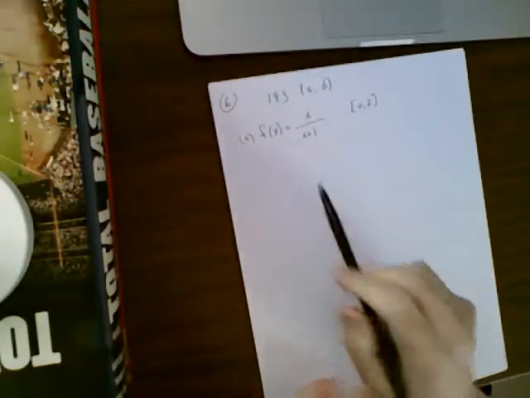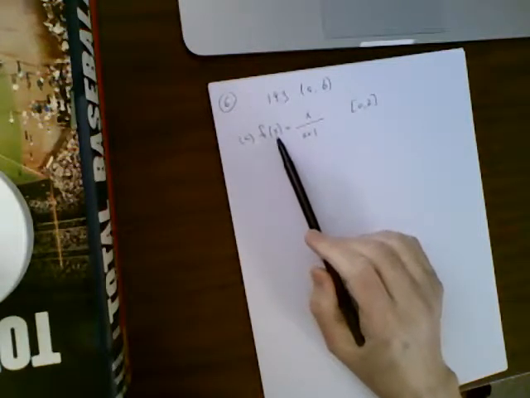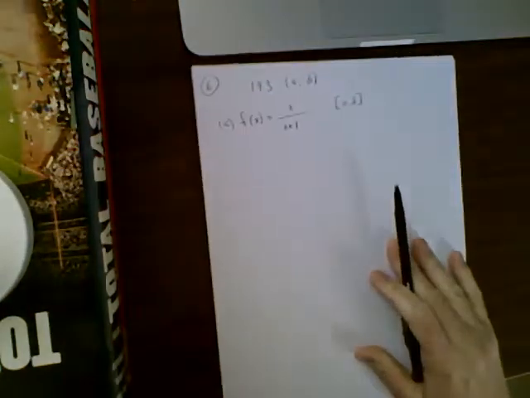So that means we want to show that we can make any two values of this function as close to each other as we want just by plugging in numbers that are close to each other.